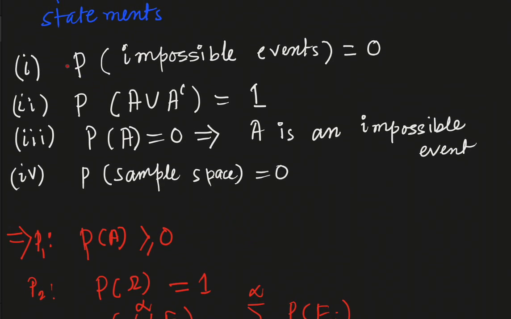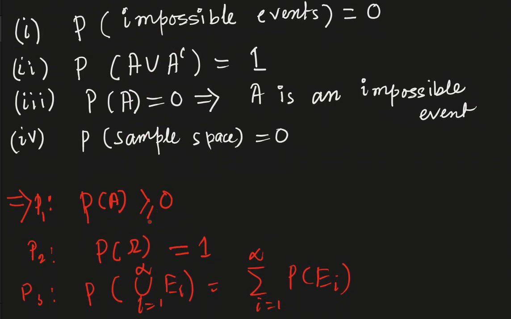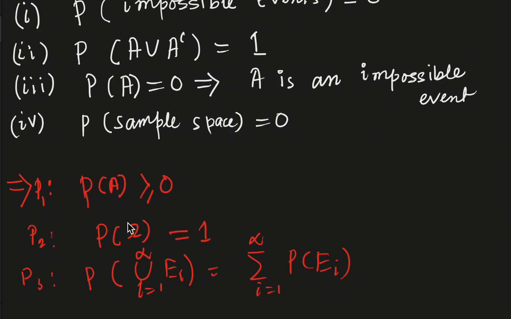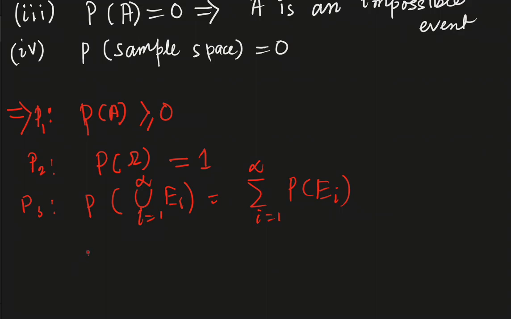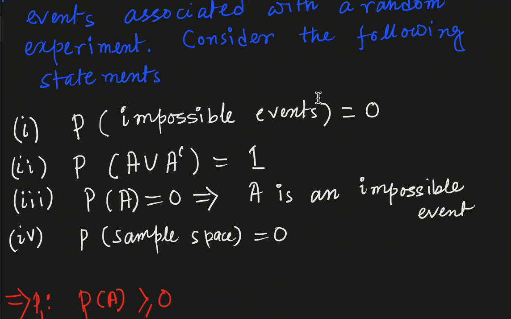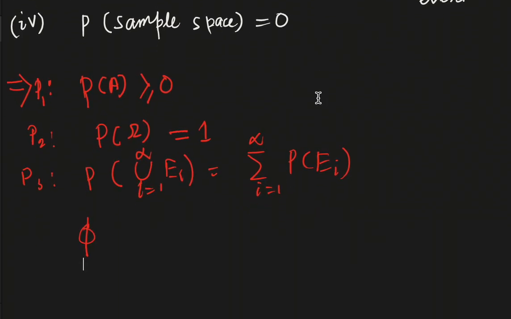Okay, so first thing is P of impossible events. If I consider all the events in the sigma, omega, then the set that contains impossible events is actually phi.